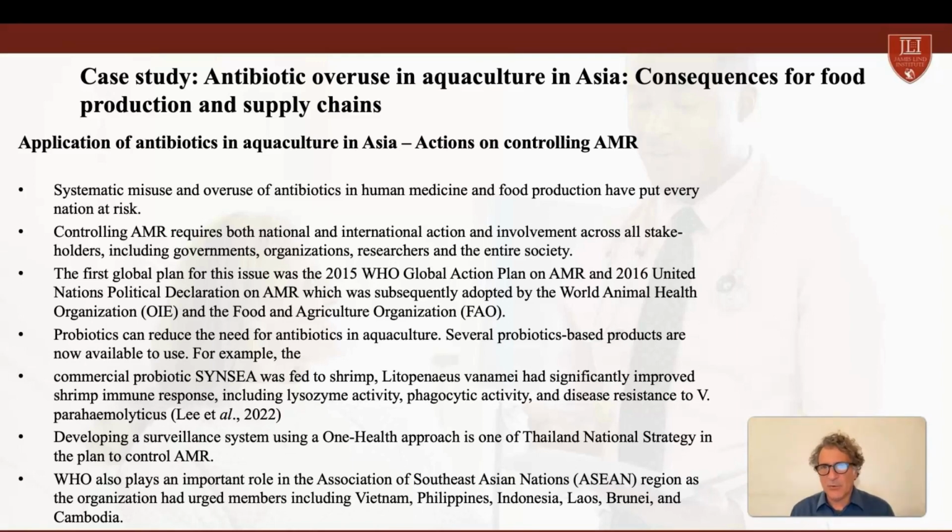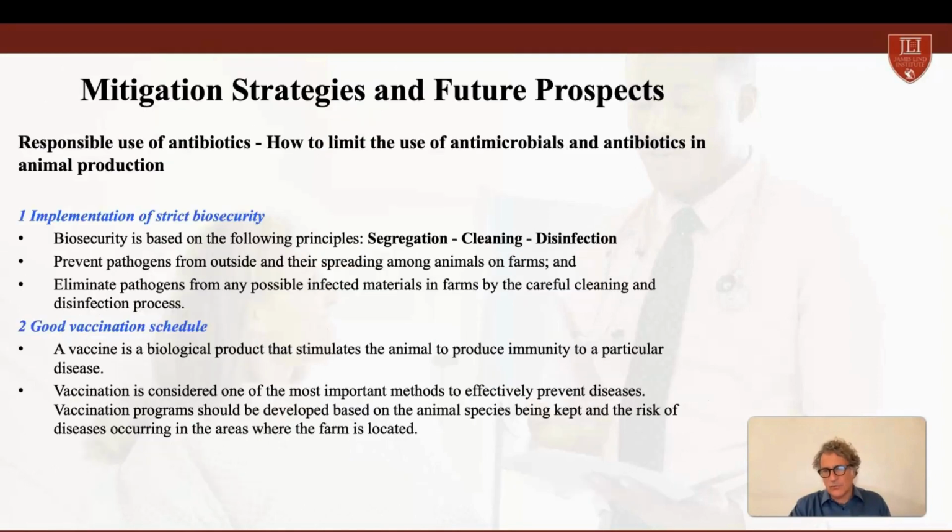So if we would like to control, mitigate, and reduce this problem, first of all, it's important to have collaboration among these different organizations, control of this disease at the regional and national level, but also to implement a strategy and a policy that can reduce or mitigate this impact and reduce the amount of antimicrobials used in aquaculture.